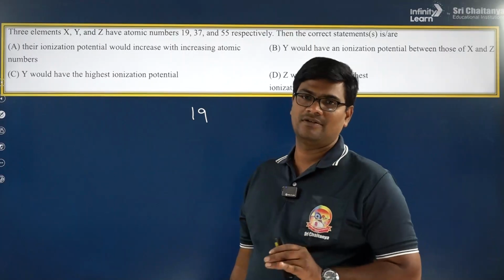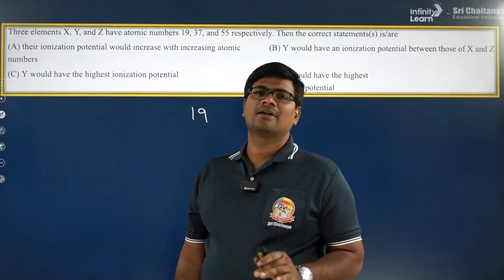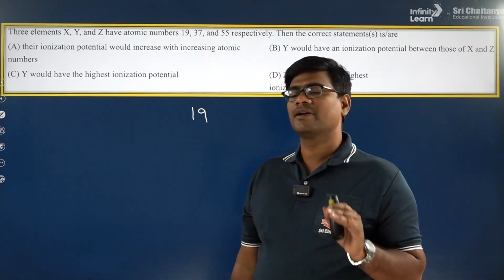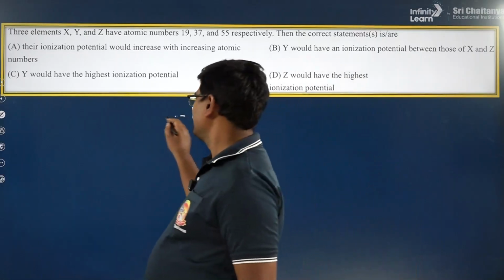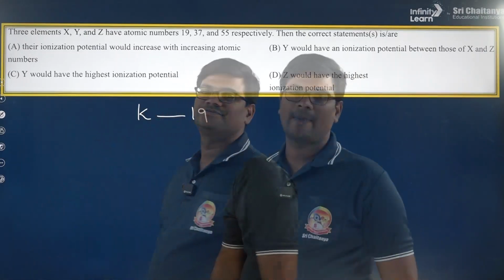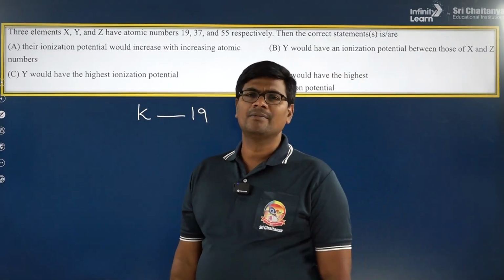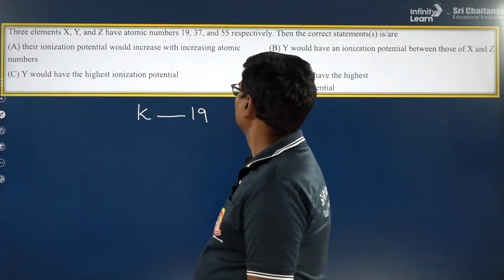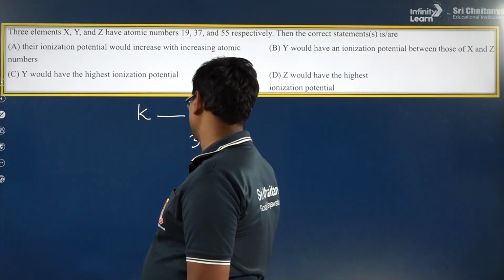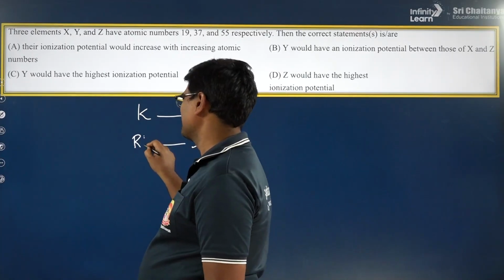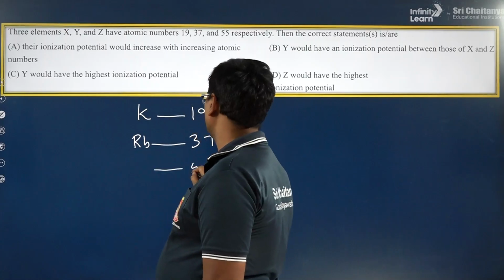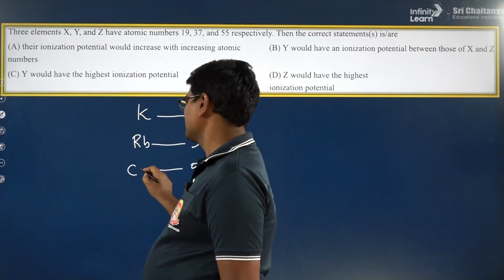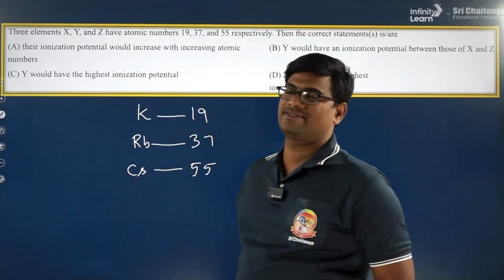You must have command on atomic numbers and the corresponding elements. Atomic number 19, the element is potassium. Then atomic number 37, can you guess? It is rubidium. Atomic number 55, what is this? Obviously cesium. So all are alkali metals.